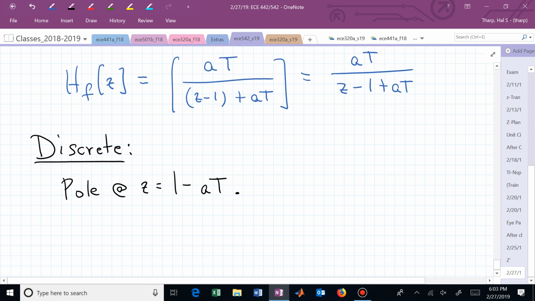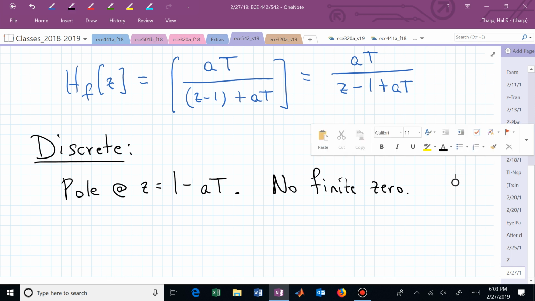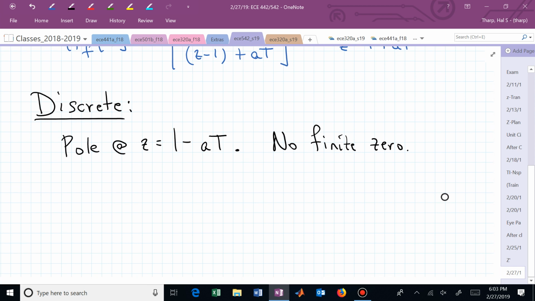What about the zeros? Do we have any finite zeros? That seems consistent with what we had in the analog case. And what about the DC gain?